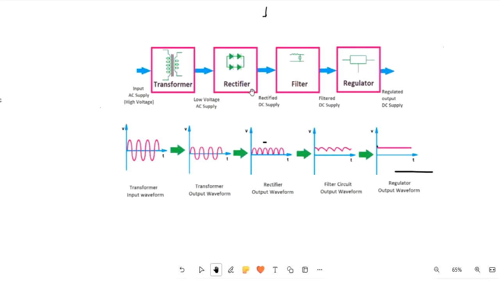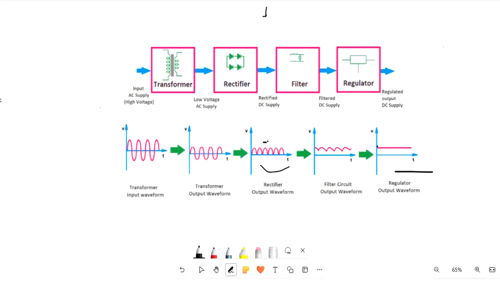The output of the rectifier will look like this: the negative half cycle is removed, and for each forward bias we get only a positive half cycle.